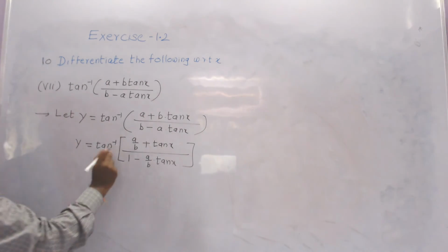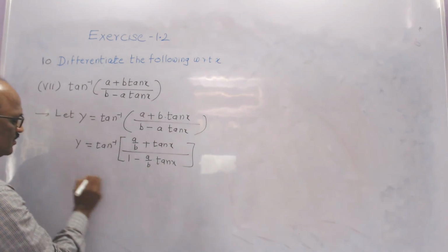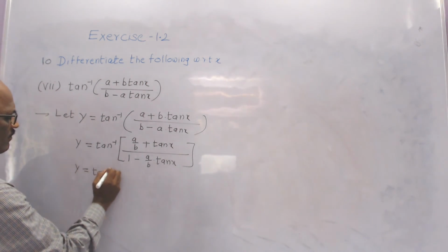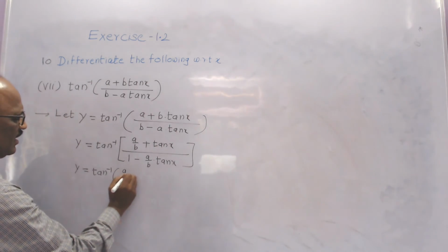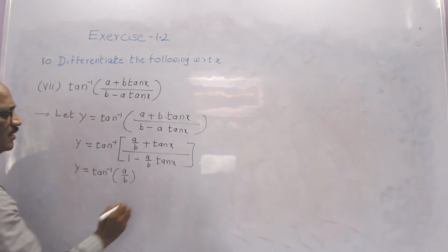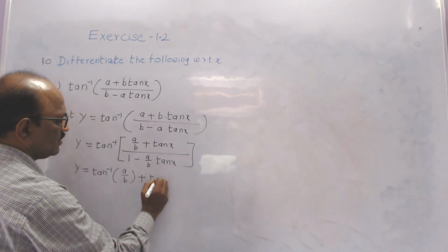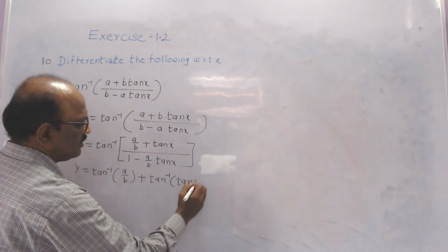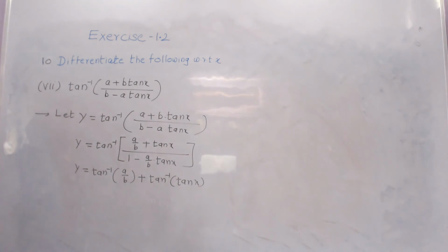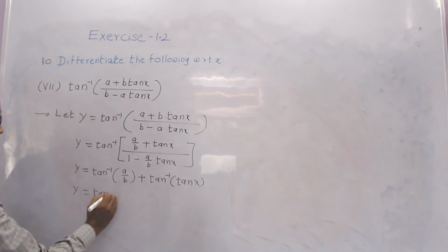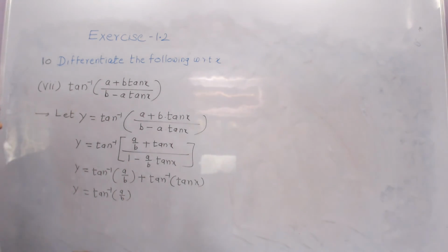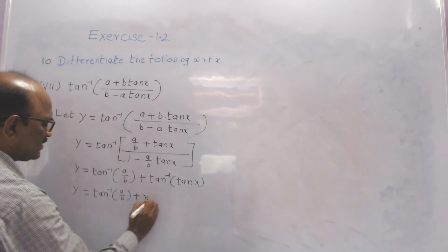Now again this is the expansion of tan inverse of (x plus y) upon (1 minus x into y), and therefore here you will get tan inverse of A upon B plus tan inverse of tan x. So y equals tan inverse of A upon B, plus tan inverse of tan x, which is x.